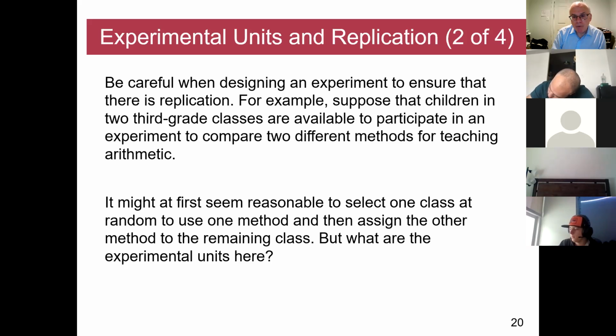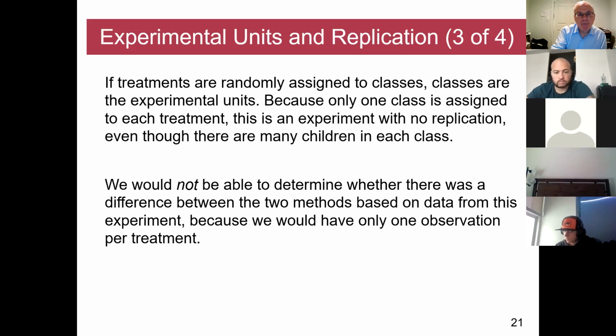The treatment is given at the level of the classroom, so we might want multiple classrooms to receive the same teaching method. If treatments are randomly assigned to classes, classes are the experimental units. Because only one class is assigned to each treatment, this is an experiment with no replication, even though there are many children in each class.